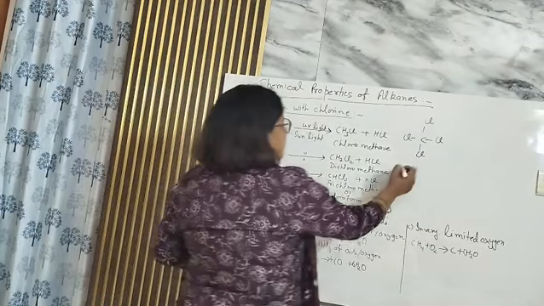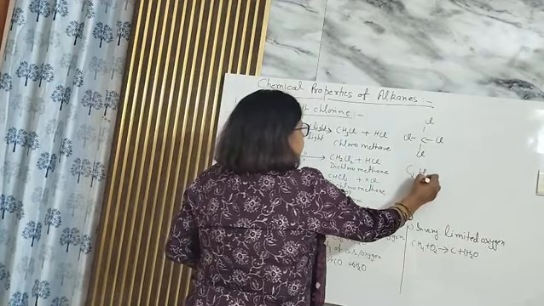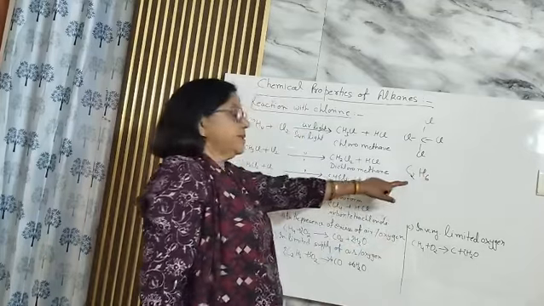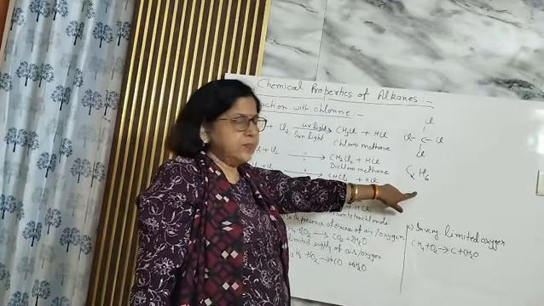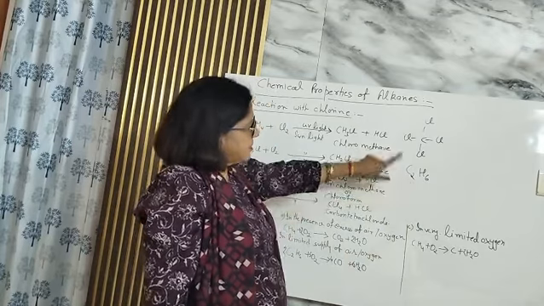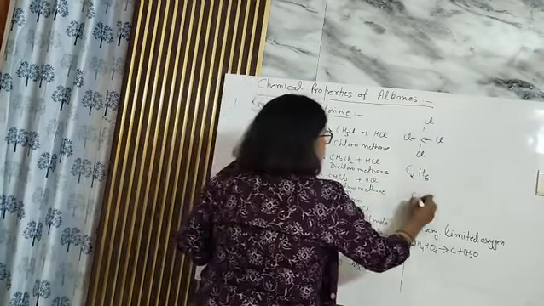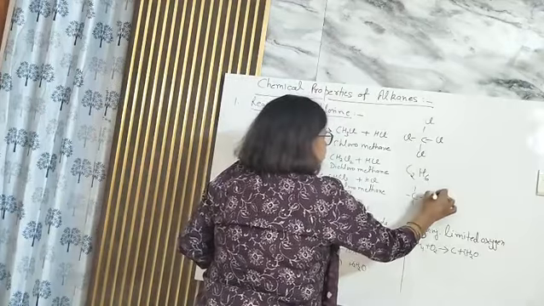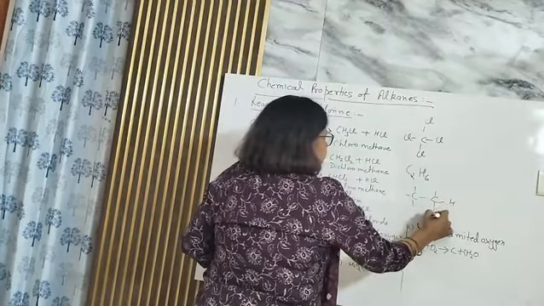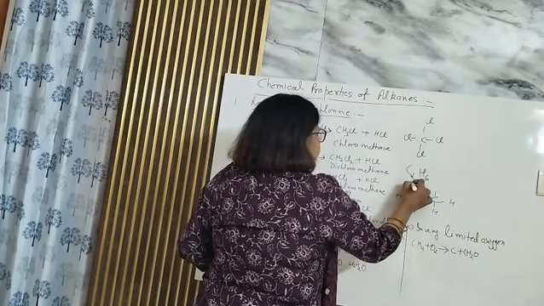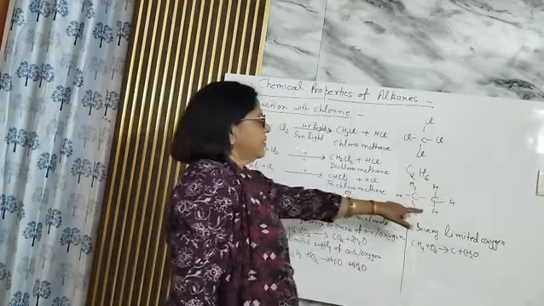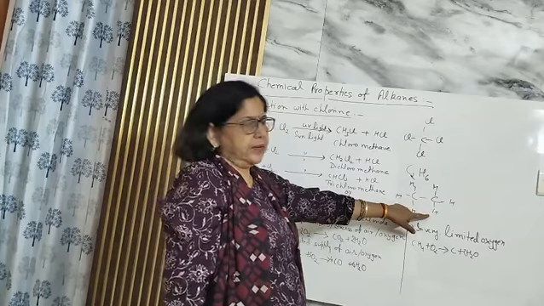If 6 hydrogens will be there, C2H6, right? So in that case, you will get 6 reactions, fine. So how will you do it? In the same way, in a very systematic manner, you will draw the compound, right? 6 hydrogens, and then slowly and gradually you will replace one hydrogen by chlorine, right?